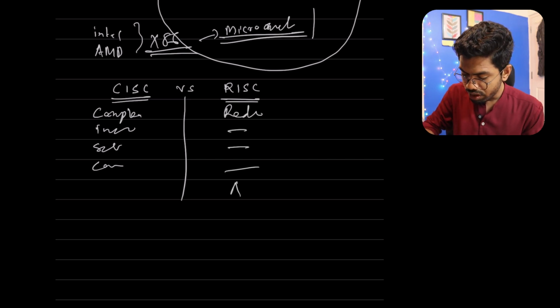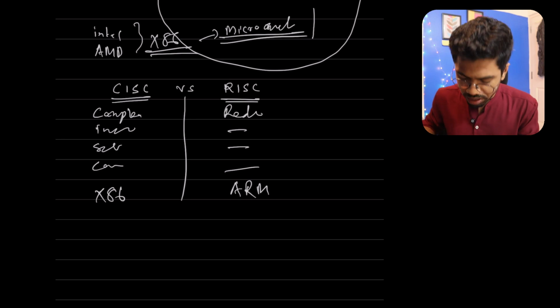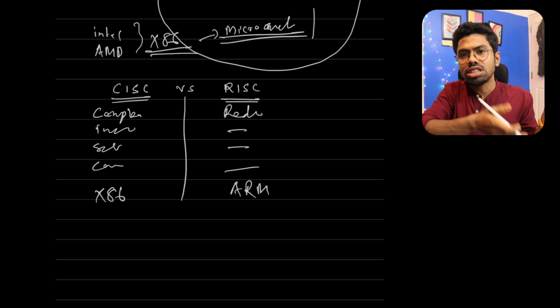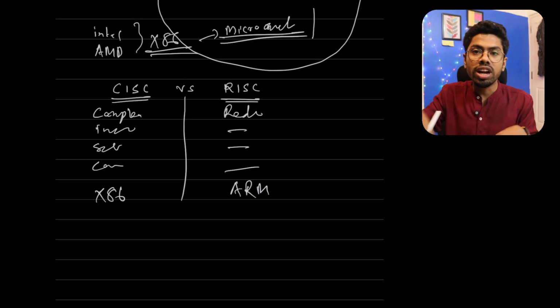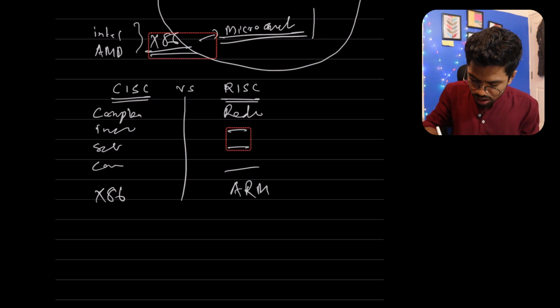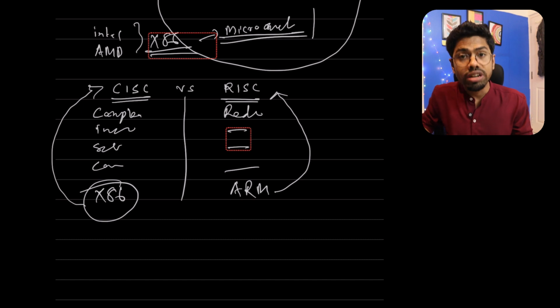And if you have guessed, ARM is on the reduced side and x86 is on the complex instruction set computer side. As I said, architecture defines which instruction sets they follow, and microarchitecture is how the hardware is built, right? So x86 follows CISC and ARM follows RISC.